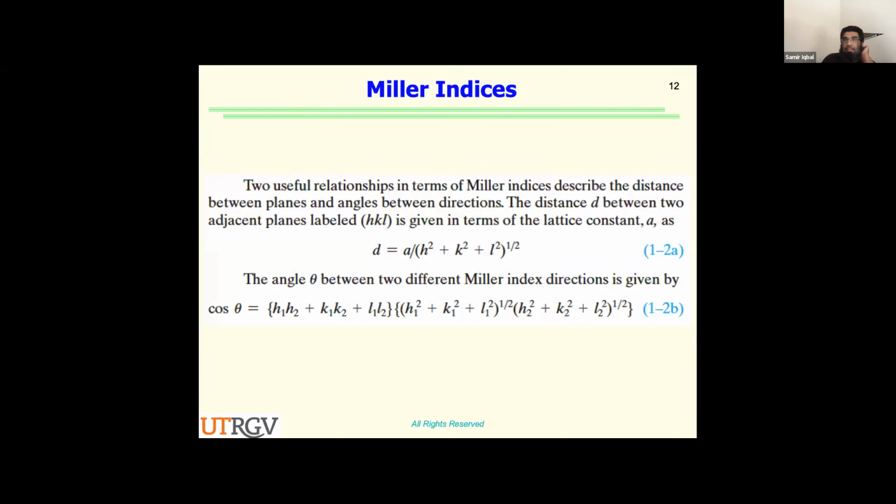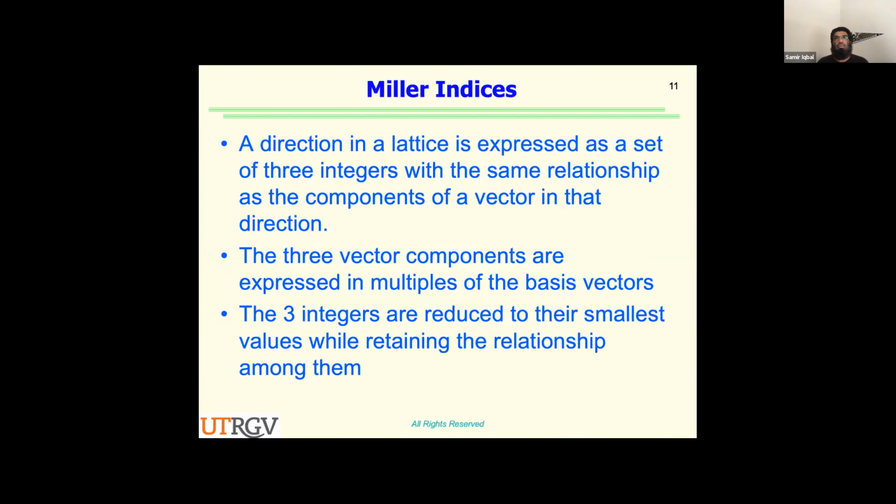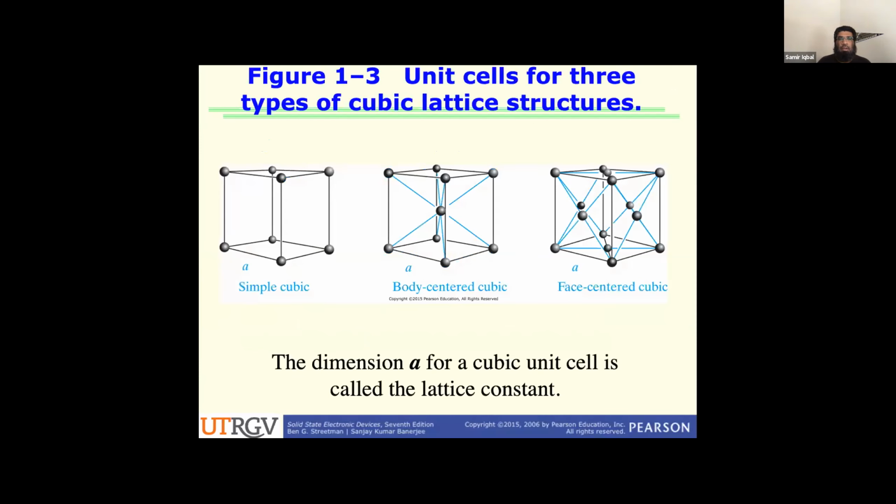And if we do that, then you can find the distance between two planes also, again, basic geometry. D equals a formula which can tell you the distance between two planes. You can also find the angle between two planes as well, right? Now, why is that important?